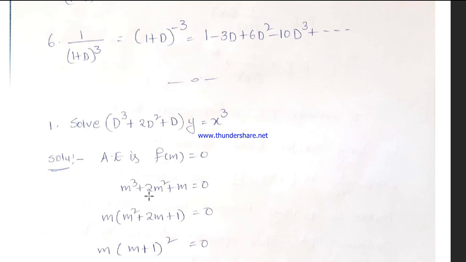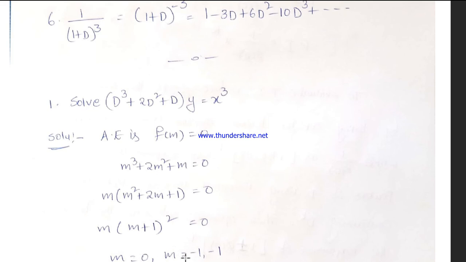Then m cube plus 2m square plus m is equal to 0. Here clearly common term is m, right, outside we get m square plus 2m plus 1 equal to 0. So m into, this one is the expansion for (m plus 1) whole square. So that's why m into (m plus 1) whole square equal to 0. So m is equal to 0, m is equal to minus 1, minus 1.